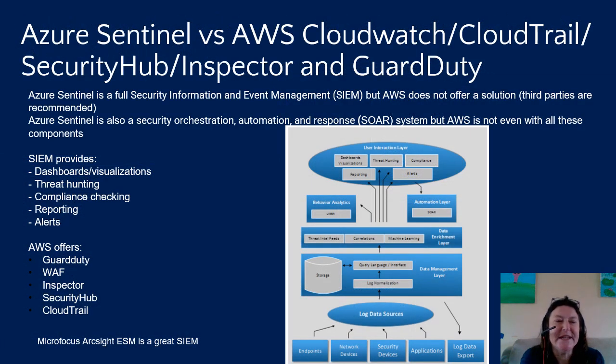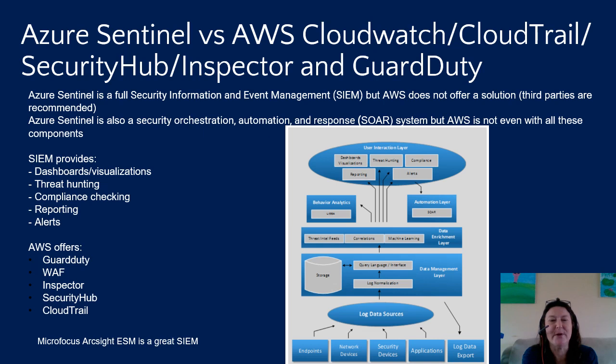For security, Azure Sentinel is second to none. It is a fully security information and event management compliant tool. AWS does not have the equivalent. Azure Sentinel is also a security orchestration, automation, and response tool, but AWS does not have that.